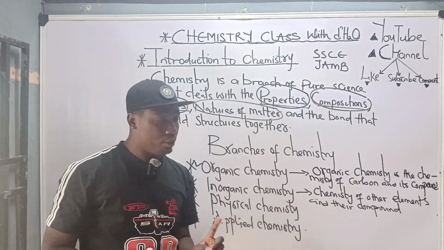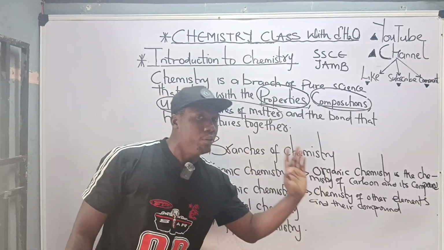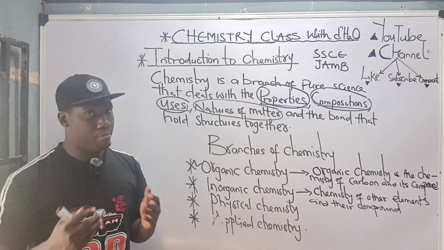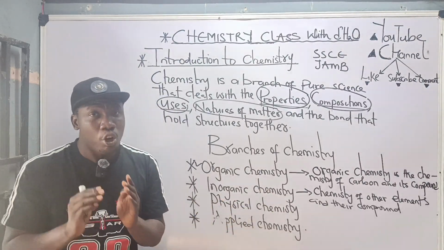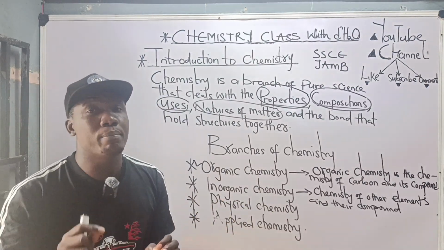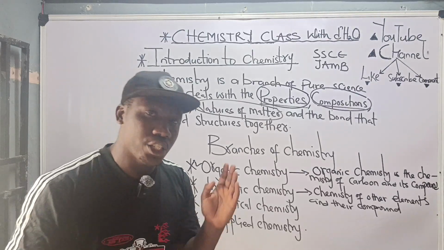If you are talking about carbon, it is organic. Compounds of carbon are organic. But when we talk about other elements, we are referring to what? Inorganic chemistry. If I'm talking about hydrogen and its compounds, it is inorganic.